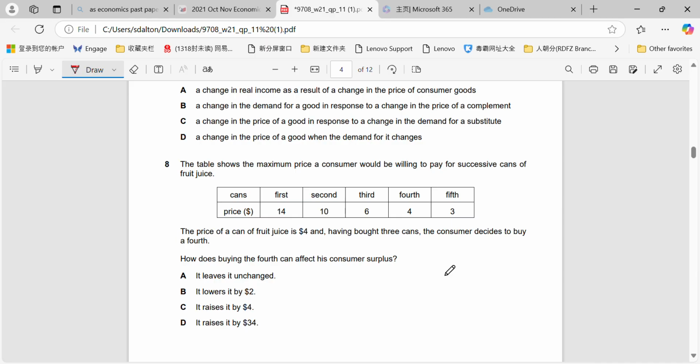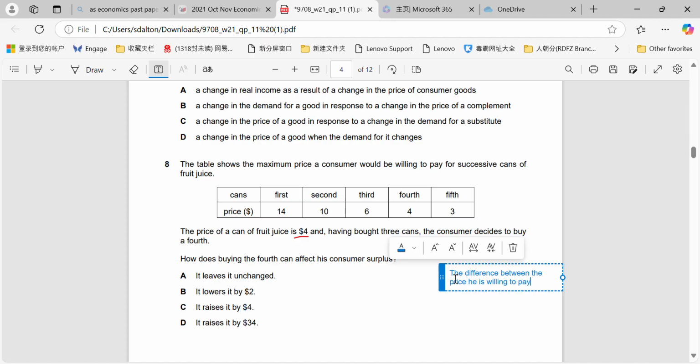Okay, so the price of a can is $4. Remember, the consumer surplus is the difference between the price he is willing to pay and the price he actually pays, right? So let's calculate his consumer surplus.